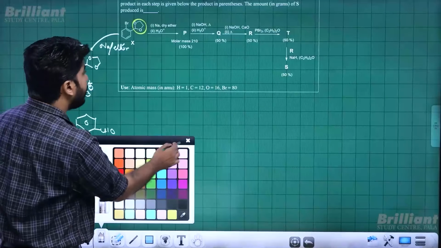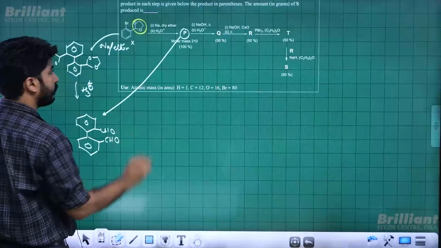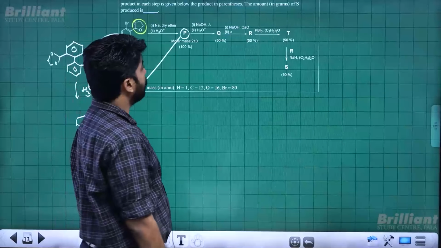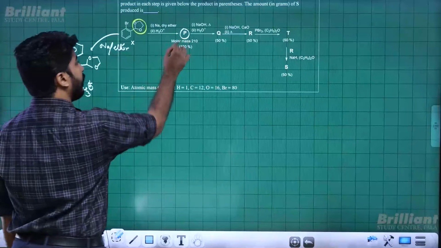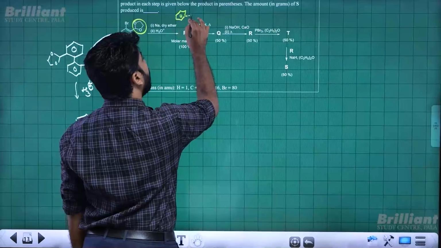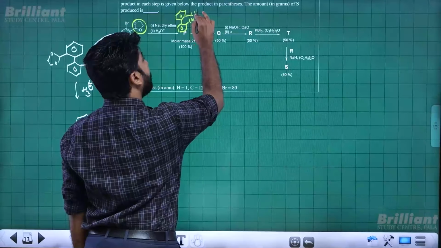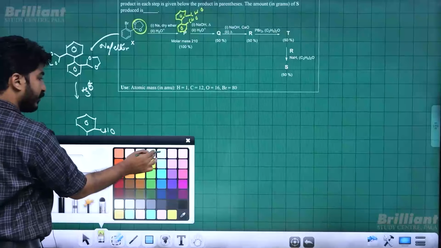So that is the structure of P. Let's write the structure of P there itself. Now let's continue with the reaction.